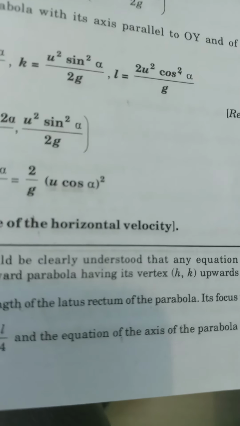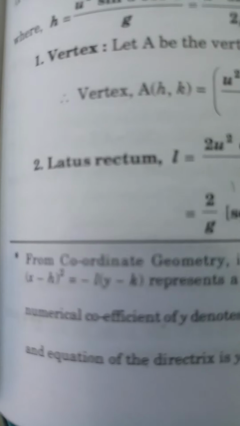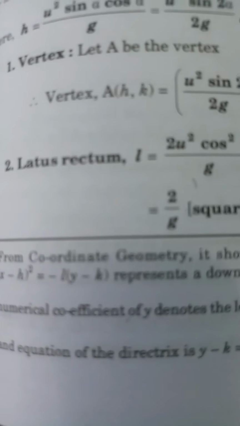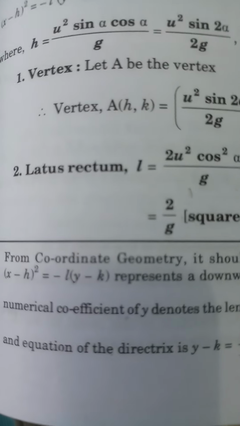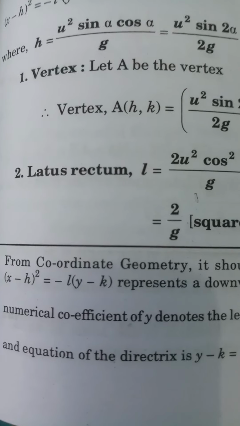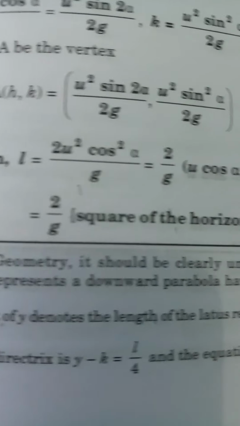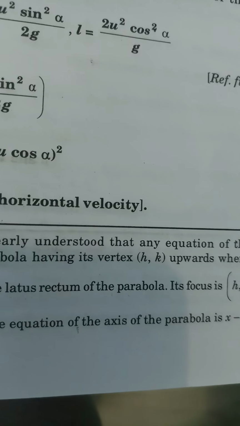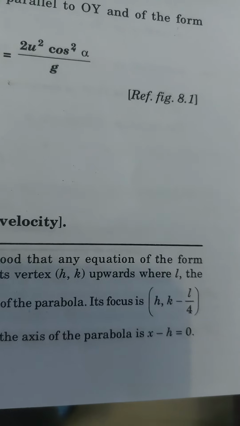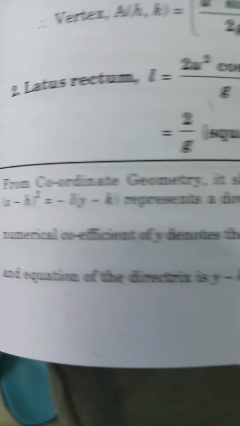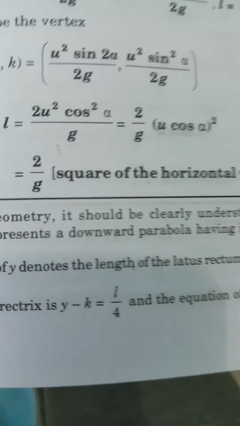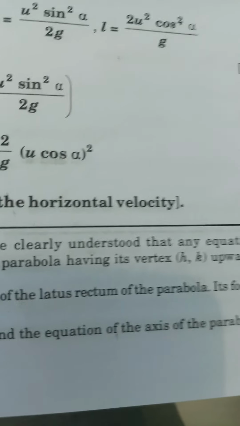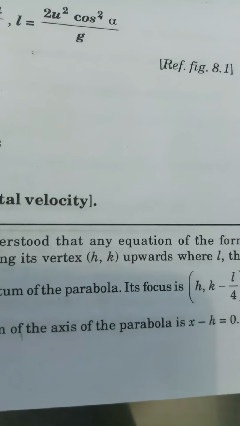It should be clearly understood that any equation of the form x minus h whole square is equal to minus l into y minus k represents a downward parabola having its vertex h comma k upwards, where l, the numerical coefficient of y, denotes the length of the latus rectum of the parabola.